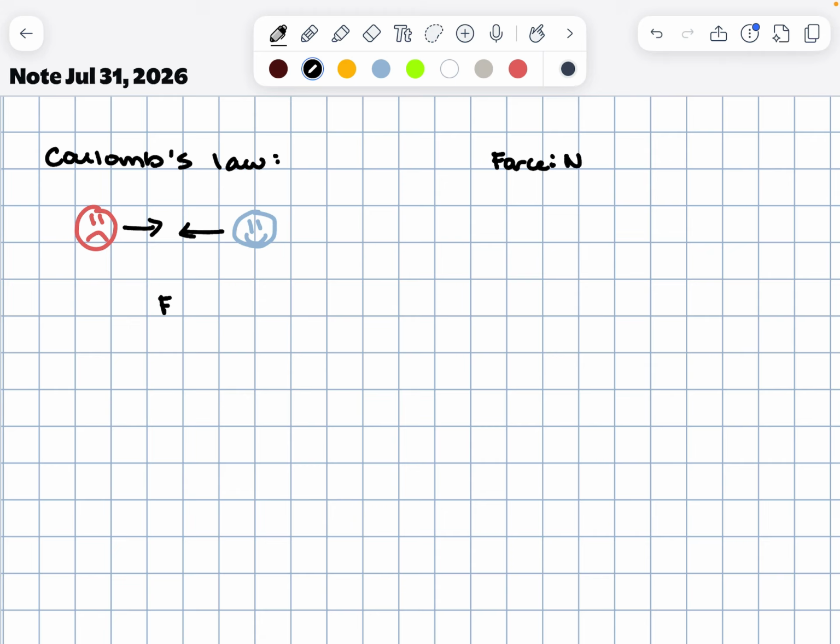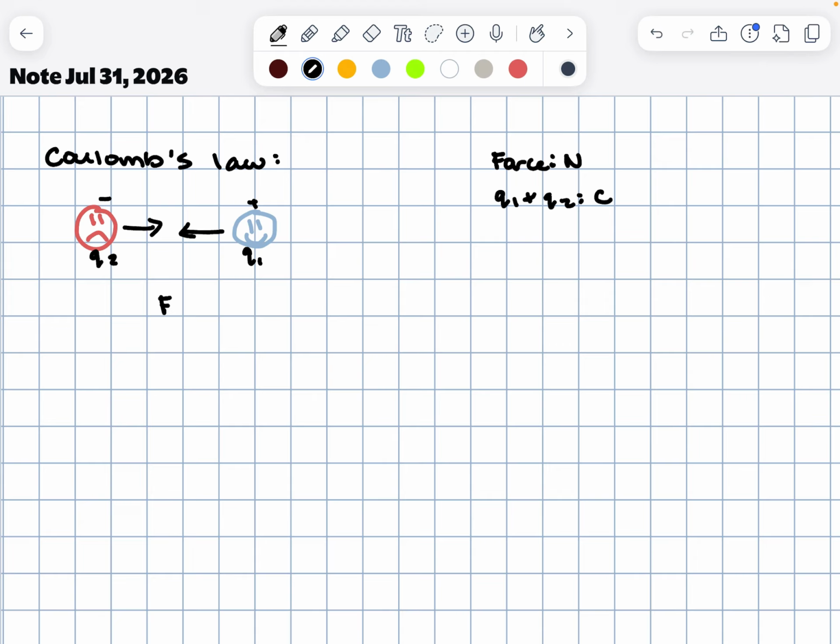And then we also know that each particle is charged. As I mentioned, this one's positive, this one's negative. So we can label them as Q1 and Q2. And they're measured in coulombs, which is a C. But another thing that's present is the distance between the two particles.